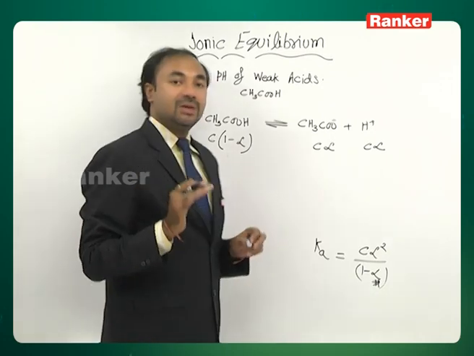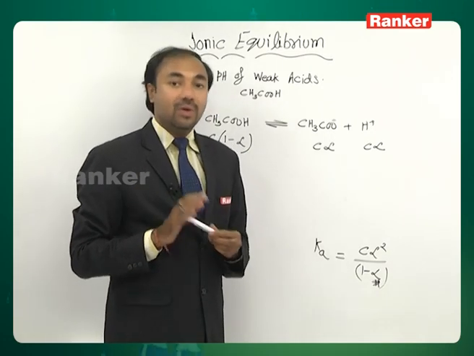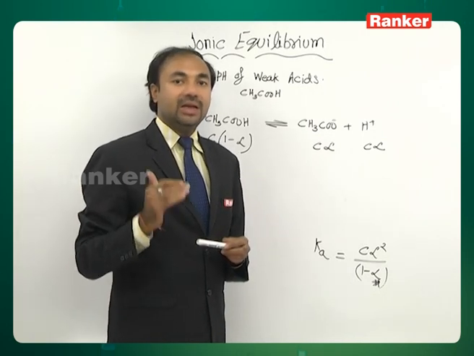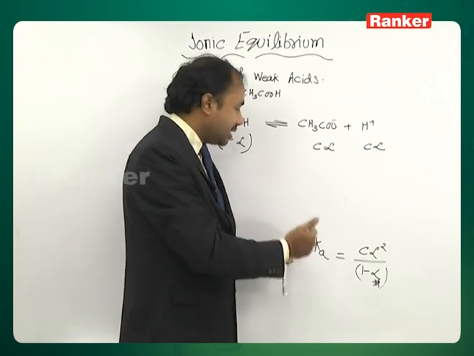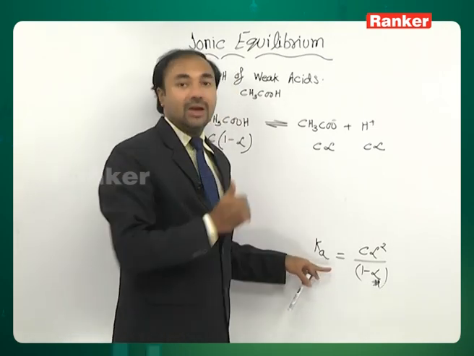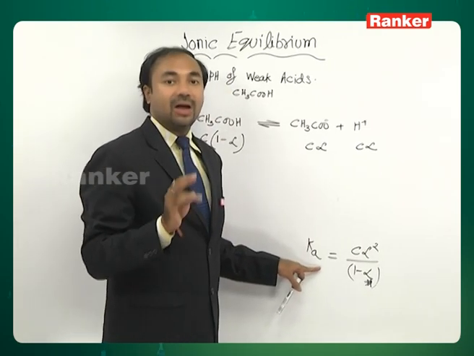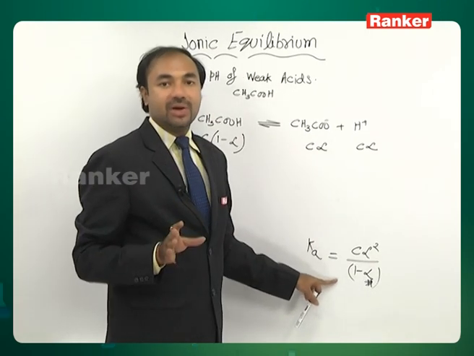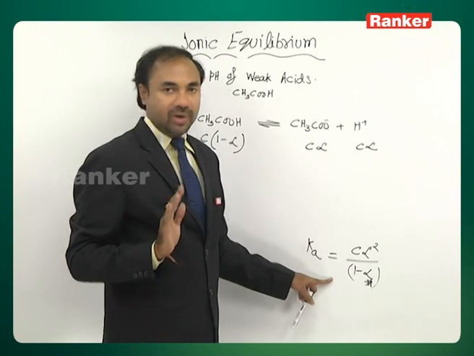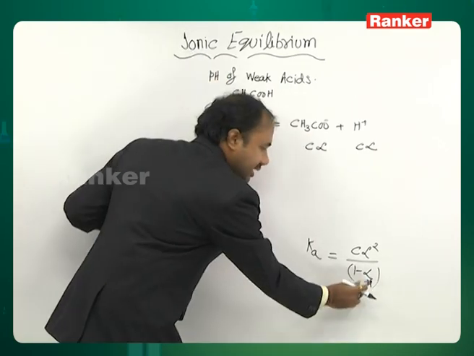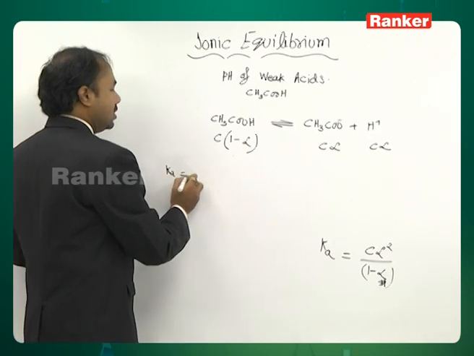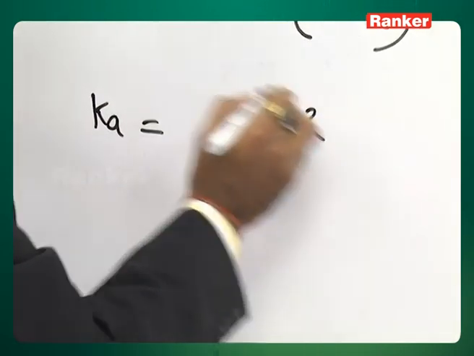Remember, to simplify the calculation, we can take only valid approximations. If you take an invalid approximation just to simplify the calculation, your answer will become completely wrong. So we'll cross-check whether our approximation was valid or not. If I neglect alpha from here, then we get Ka equal to C alpha square.